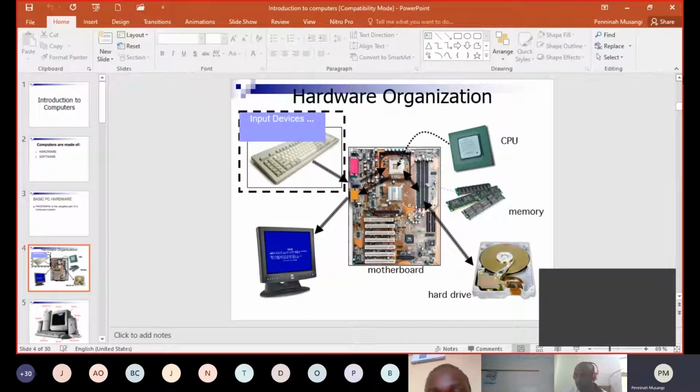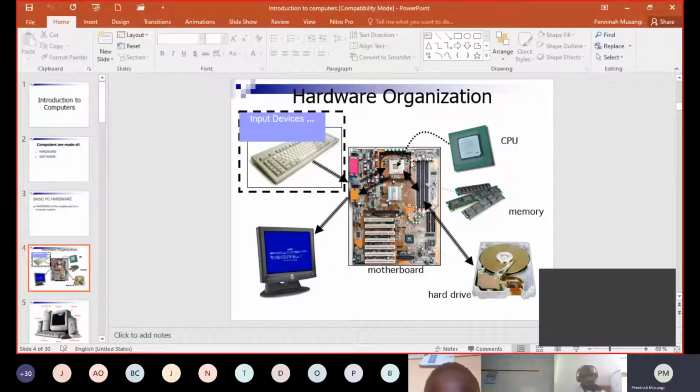And this is a diagrammatic representation of how the hardware is organized. It has an input device, which can be a keyboard. It has an output device, that is the monitor. It has a motherboard.